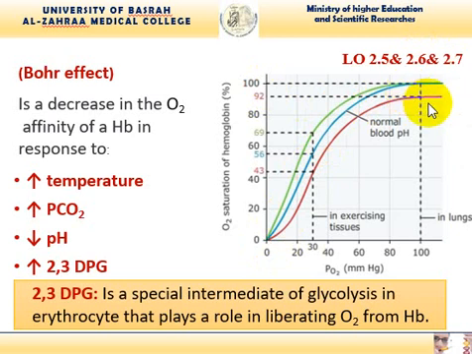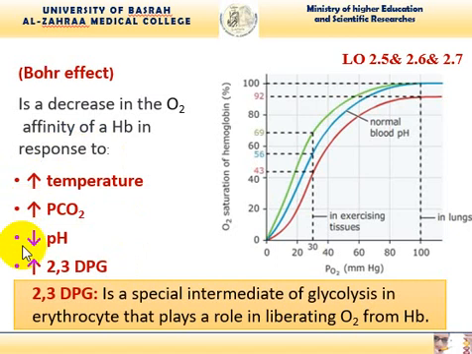While in case of exercise or in the contraction of the muscles, we see an increase in the temperature and an increase in the partial pressure of carbon dioxide, and this will lead to an increase in the hydrogen ions, and the hydrogen ions lead to a decrease in the pH, and at the same time an increase in the 2,3-diphosphoglycerate.